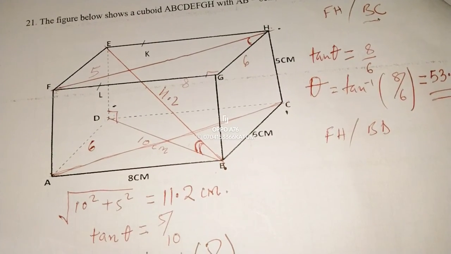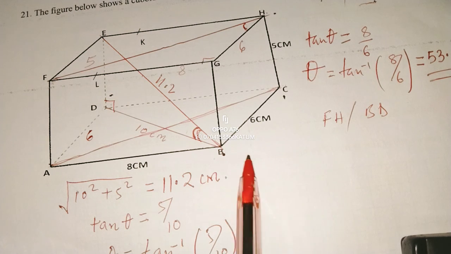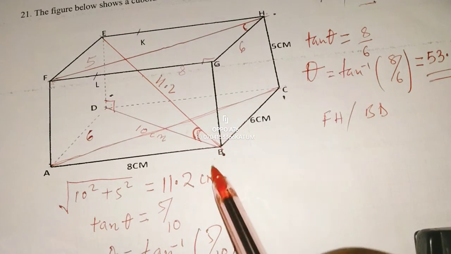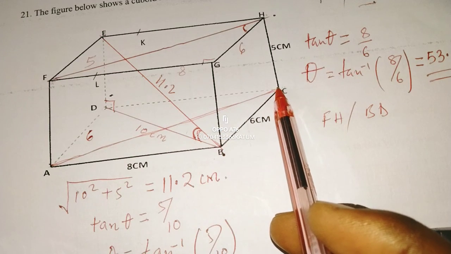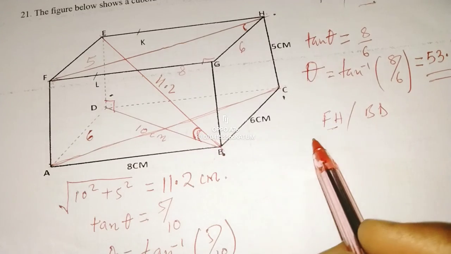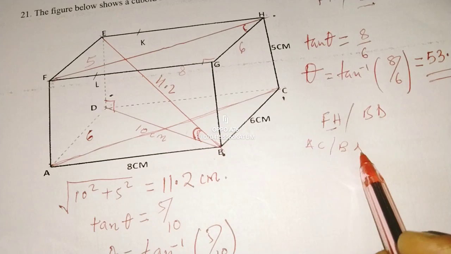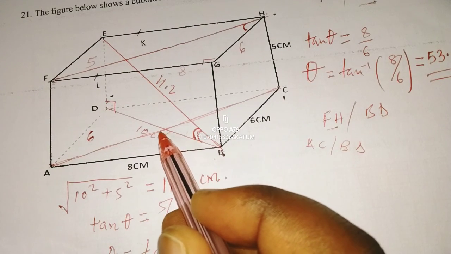And now at this point, we can get the desired angle. So what we want is now the angle between AC and BD, instead of FH. And this is going to be the angle.